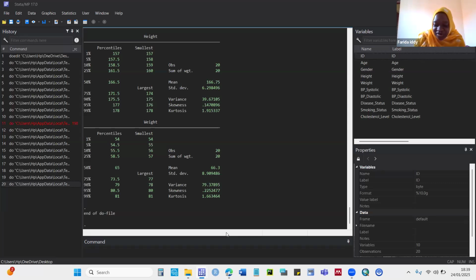Because if we take before minus after, it will be negative. For example, the diastolic before intervention is 125, and after intervention we expect it to be maybe 130. So 125 minus 130 is -5, which is less than 0. So it will be on our left side.